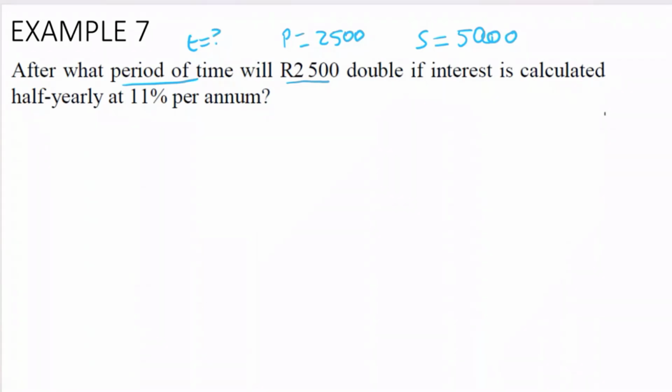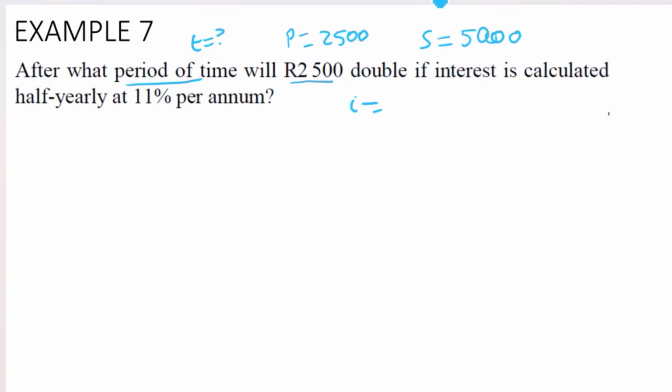If the interest is equal to 0,11 and is calculated half yearly, so it is compounding twice per year, you need to use a compound interest formula.